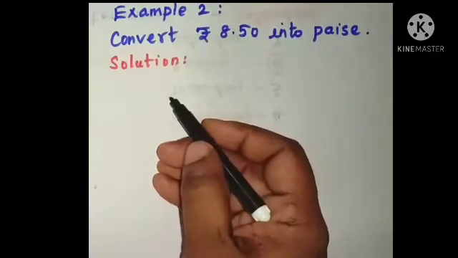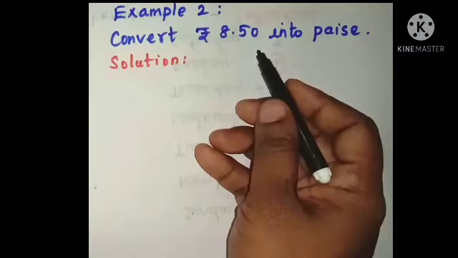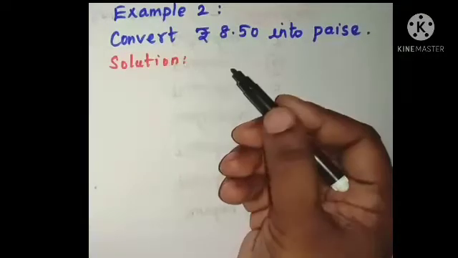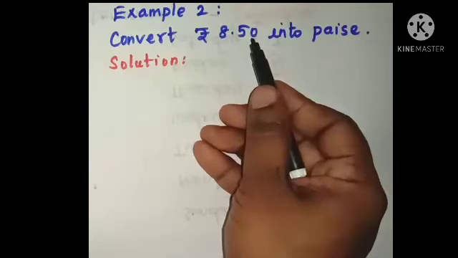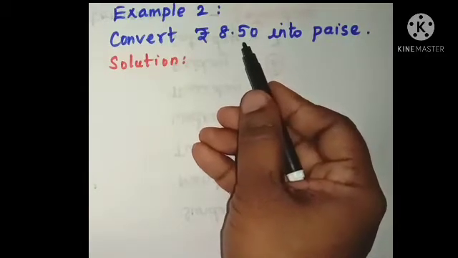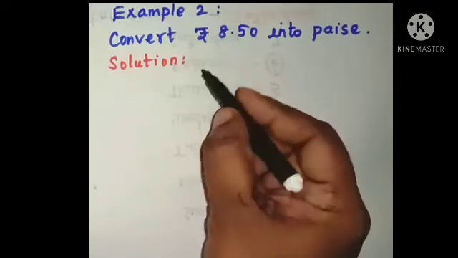Example 2 problem. Convert 8 rupees 50 paise into paise. Now 50 is already in the form of paise. Now we have to change only the rupees.